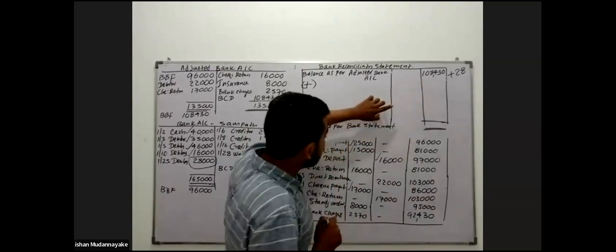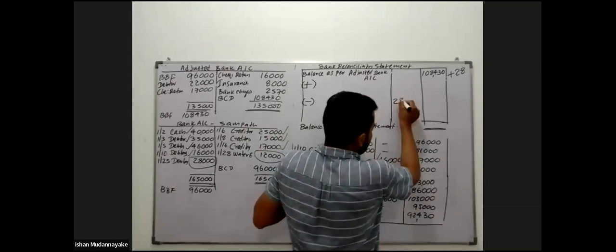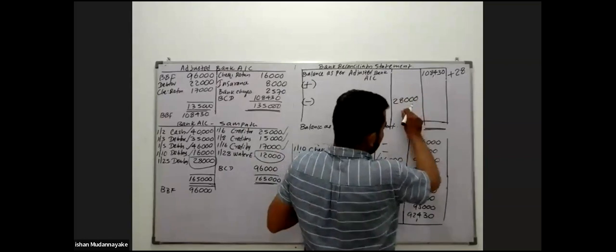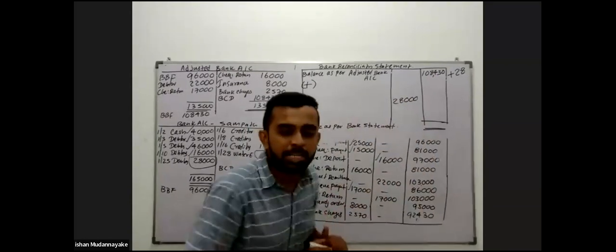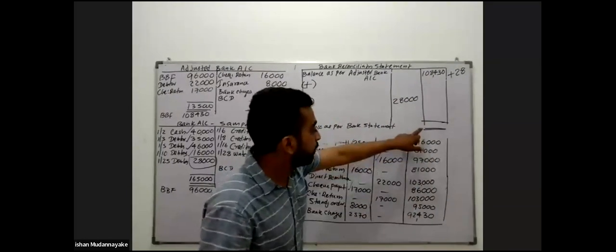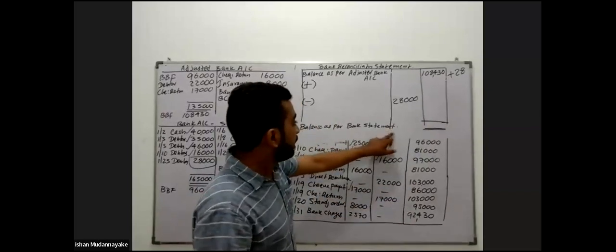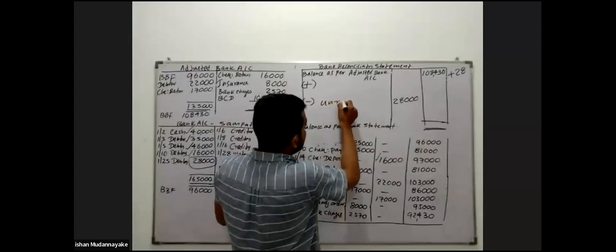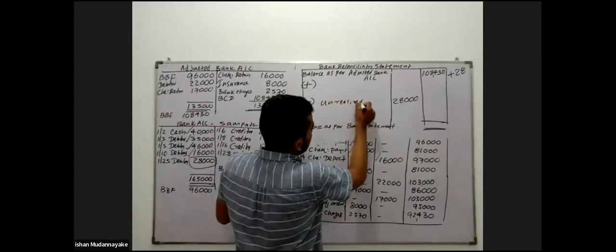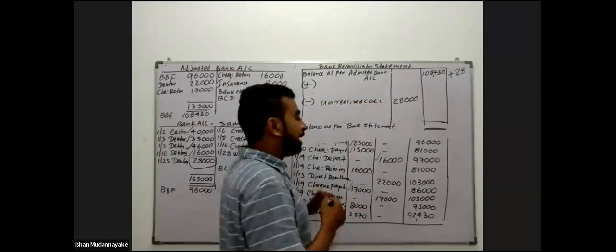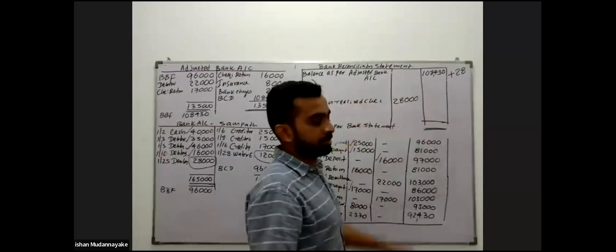If I deduct this 20,000, this unrealized check, from my balance, my balance will be equal to the bank statement balance.